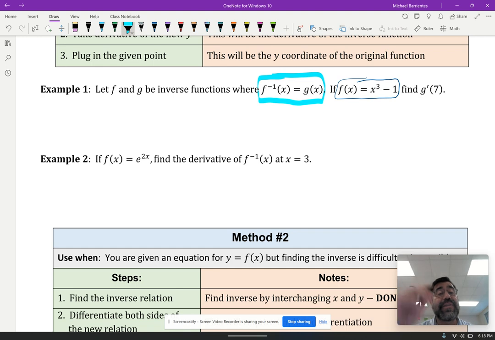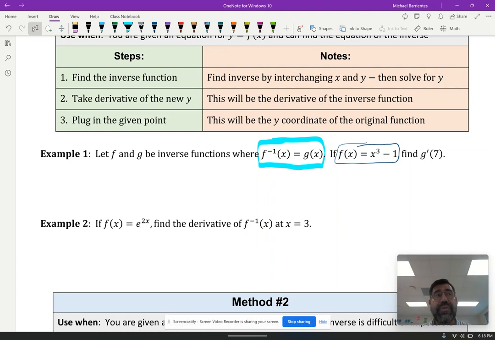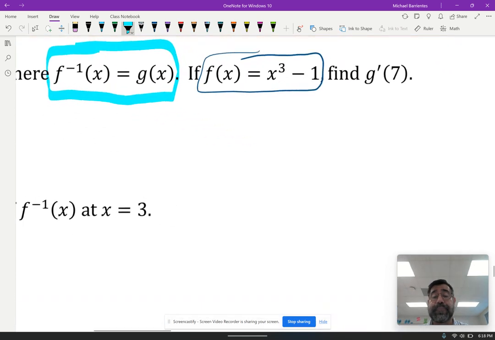This is a function that I can actually find the inverse equation for. If you remember back in Algebra 2, we find the inverse function by interchanging the x and y variables and then solving for y.